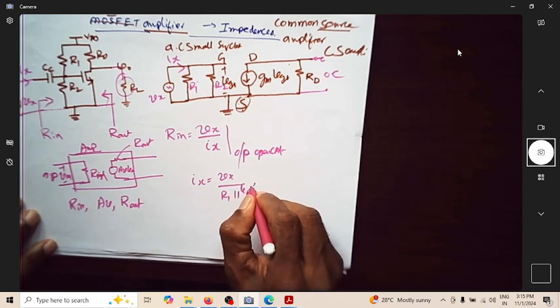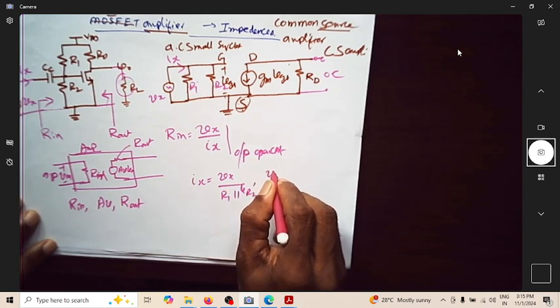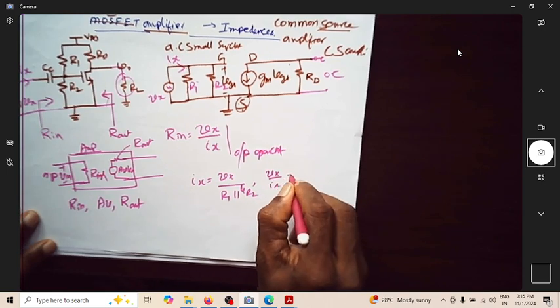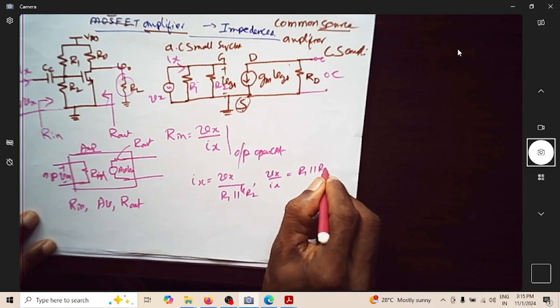This is the condition we have said here. So now shall I say what is Vx by Ix from this? Is it not R1 parallel R2?